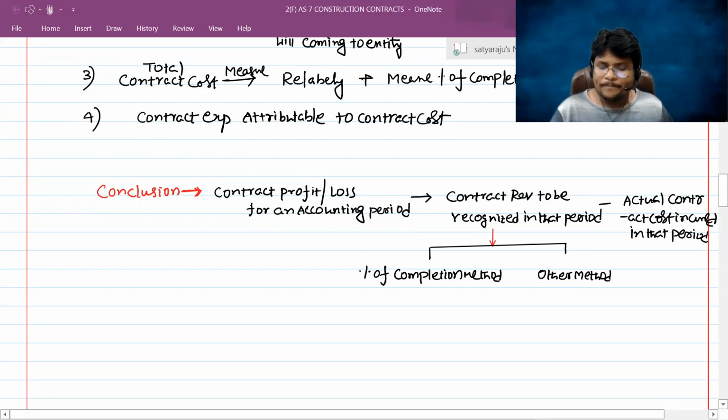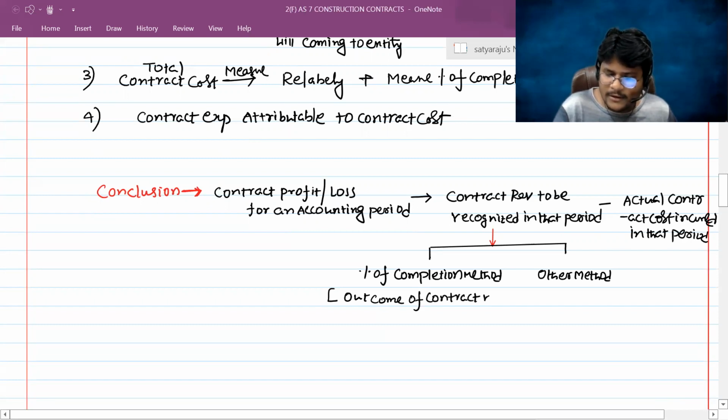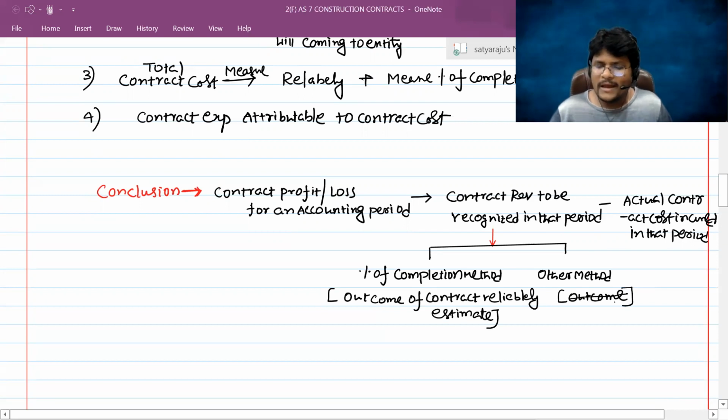So now, if you are able to apply the percentage of completion method, when you can apply it, when the final outcome of contract can be reliably estimated. When you can choose the other method, if we don't know our outcome, we are unable to reliably estimate.